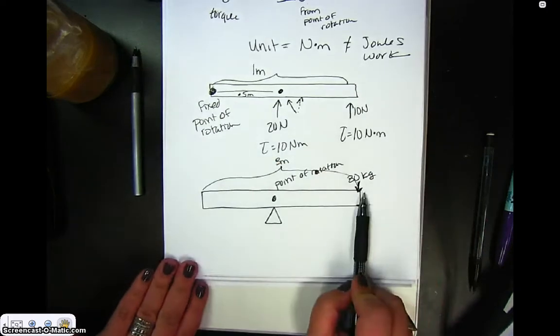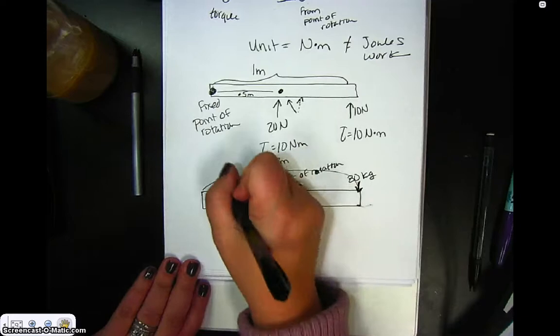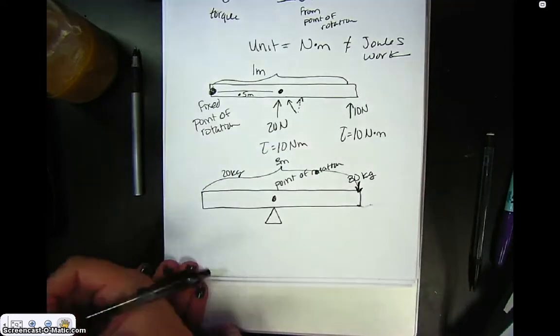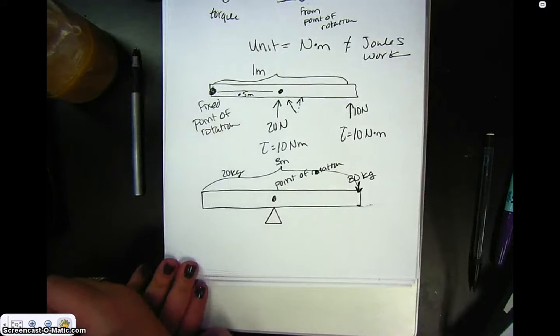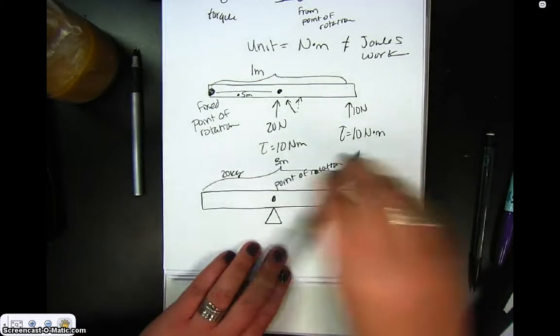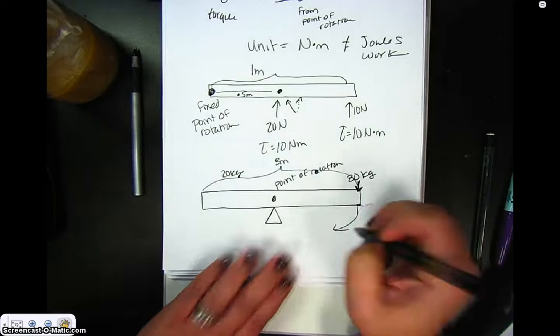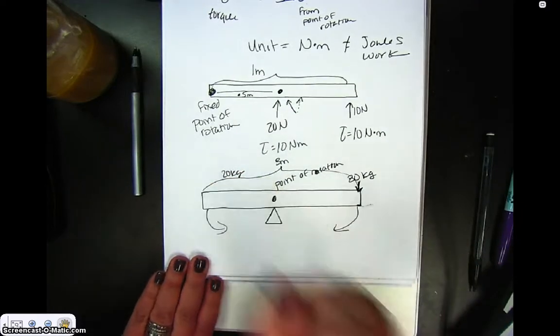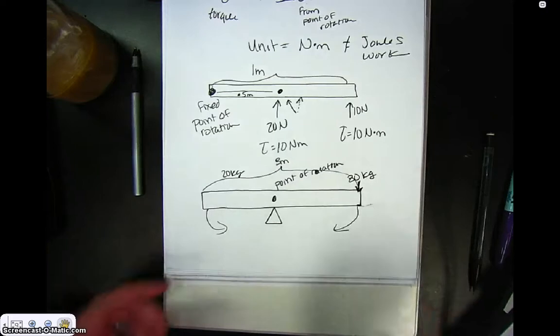Then let's say his 20-kilogram brother wants to sit on the other side. Where would he have to sit such that he would balance out his brother over here? So all of the force or the torque that's making it want to rotate this way would have to be equal to all the torque making it want to rotate this way, so that my beam would balance.